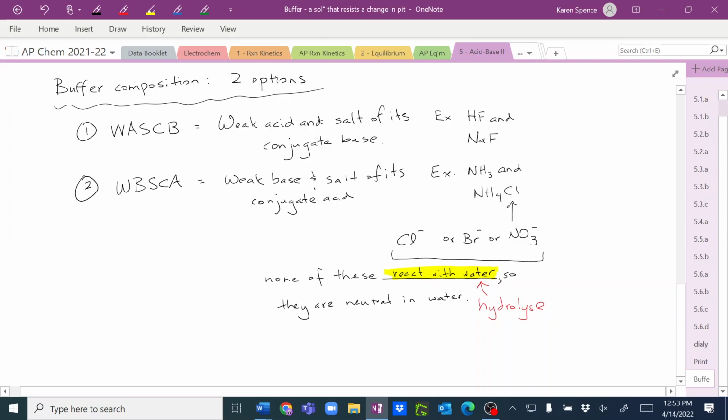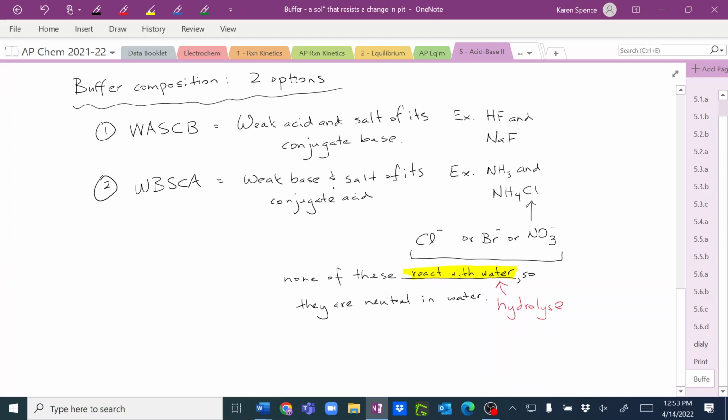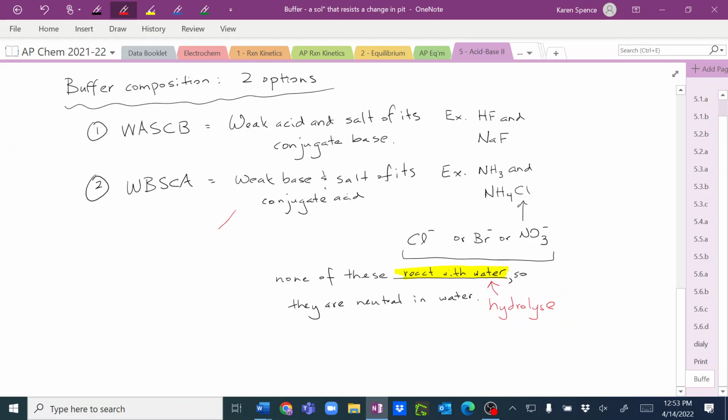The other thing you need to know is that this one buffers best if you want a buffer that buffers above pH 7. Generally, you will be using a weak base and the salt of its conjugate acid. Why am I highlighting that? Above pH 7.